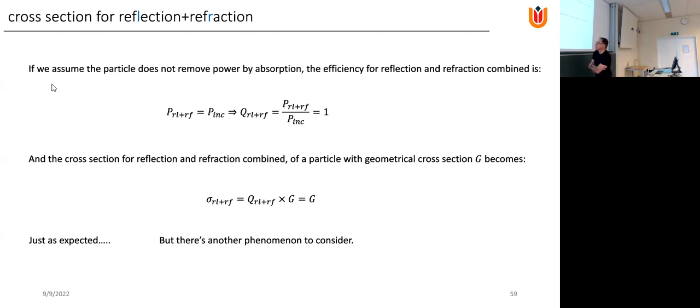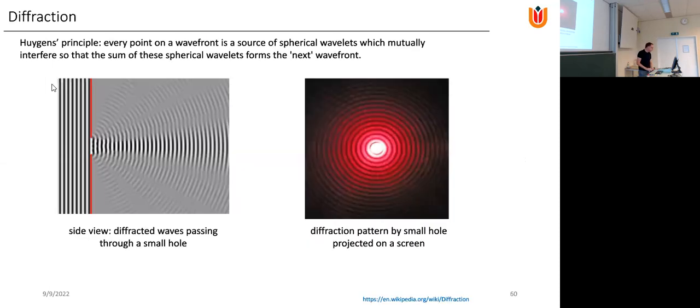But there is one other phenomenon to occur. This concerns only the light that hits the particle. There is also light that does not hit the particle, but that slightly passes the particle. That effect is called diffraction. You have probably encountered that in high school, where it was explained with water. It is the effect that happens if a wave moves past a small hole.